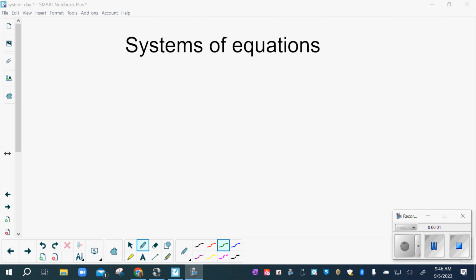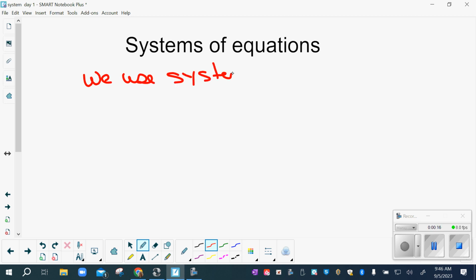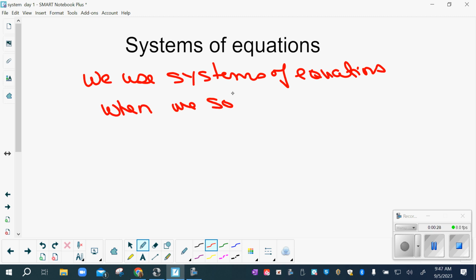The first thing that you need to write down, if you're ready to start writing some stuff down, is this. We use systems of equations when we solve for more than one variable.